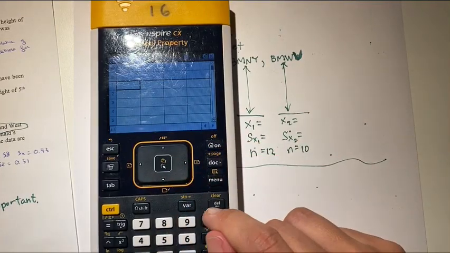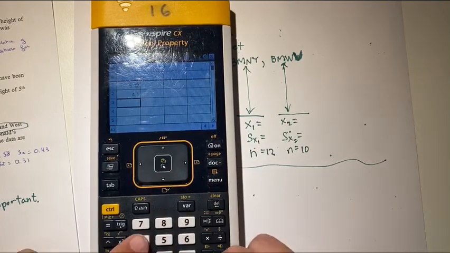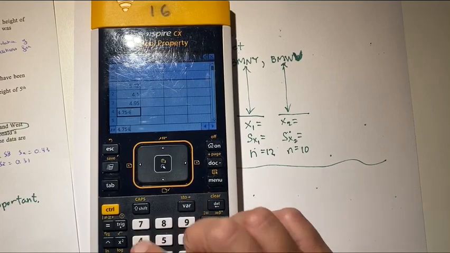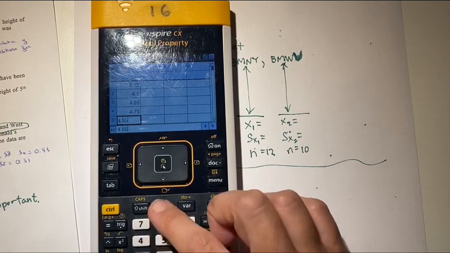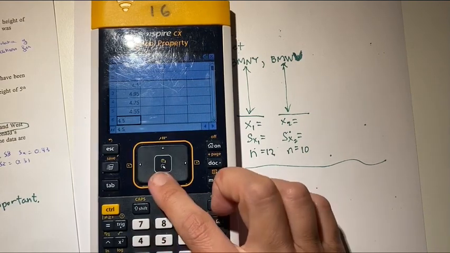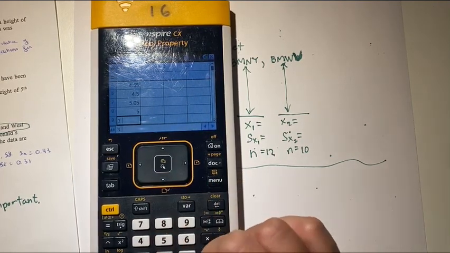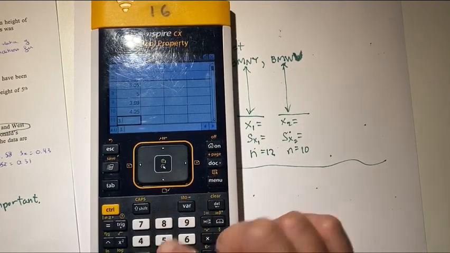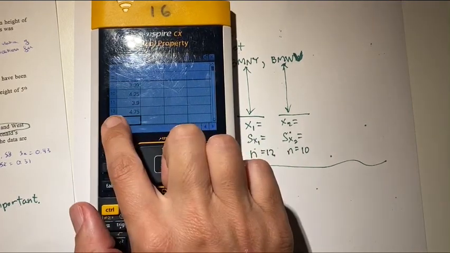All right, so let's put these in. All right, and I put 12 numbers in.